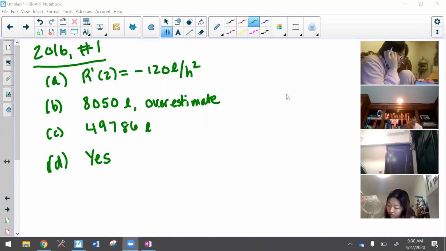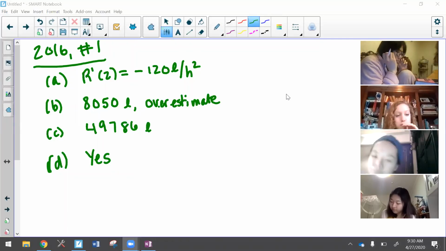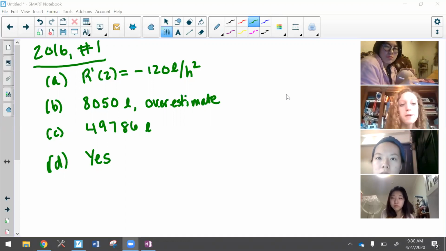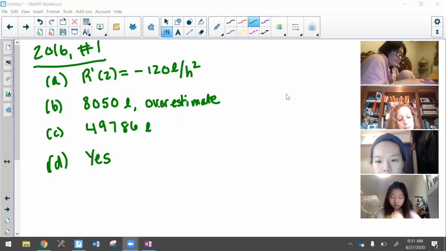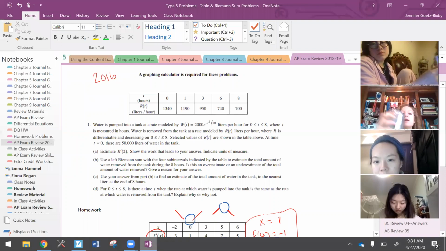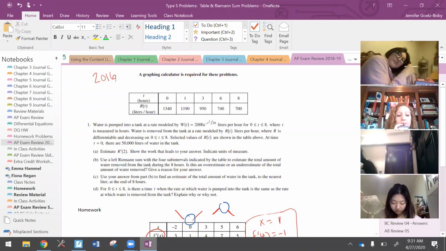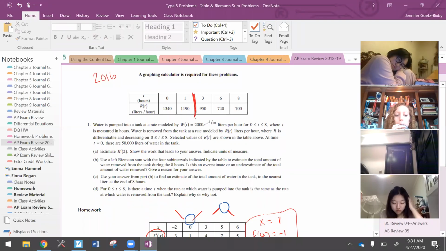Okay. So first of all, is everybody good on A? I'm seeing nods from the people that I see. If you need help with A, now is the time to say, I don't know what I'm doing. I don't know how to do part A. Okay, so for part A, you're trying to find the slope at 2. 2 comes right in here between 1 and 3.